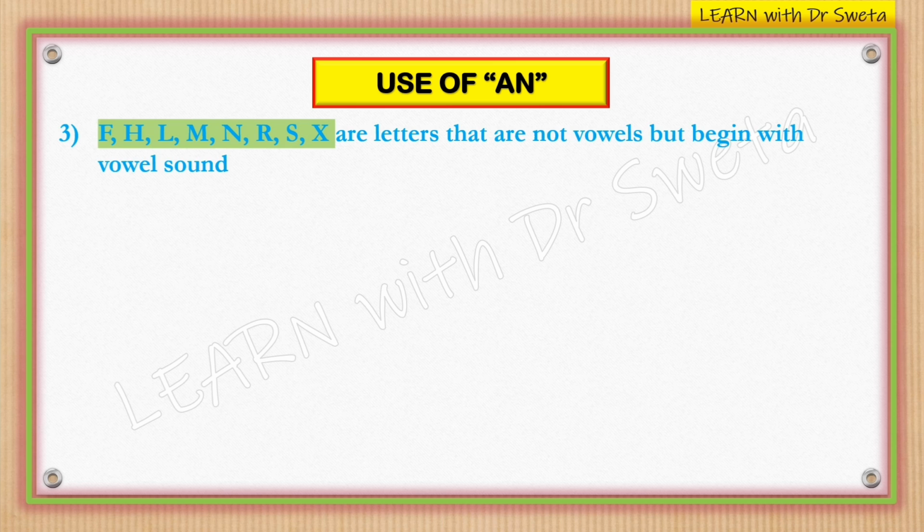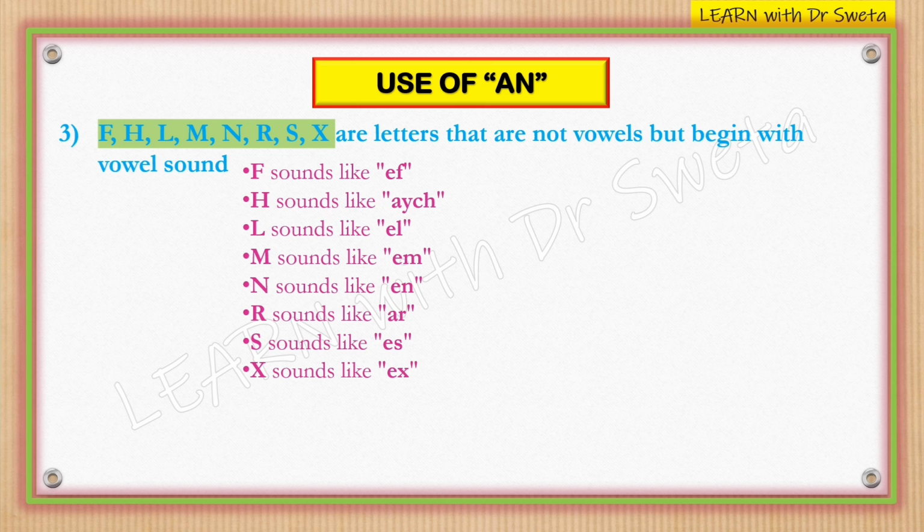Next, F, H, L, M, N, R, S and X are letters that are not vowels but begin with a vowel sound. So in such cases, an is used instead of a. For example, an MLA. The abbreviation M is pronounced as em, starting with a vowel sound. An FIR. The abbreviation F is pronounced as ef, starting with a vowel sound.